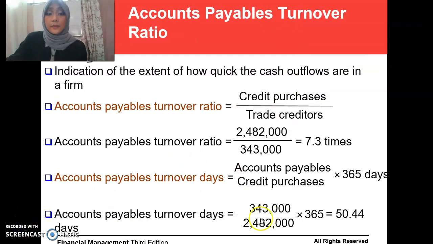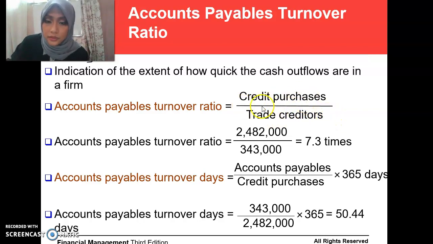Okay, what is account payable turnover ratio? Just now was account receivable, this one is account payable turnover ratio. It indicates the extent of how quick the cash outflow is in the firm. The formula of account payable ratio is credit purchase, or you may plug in the account payable figure, over trade creditor.